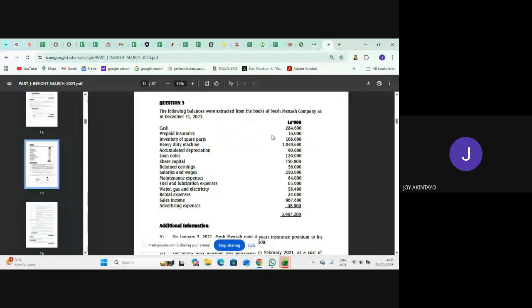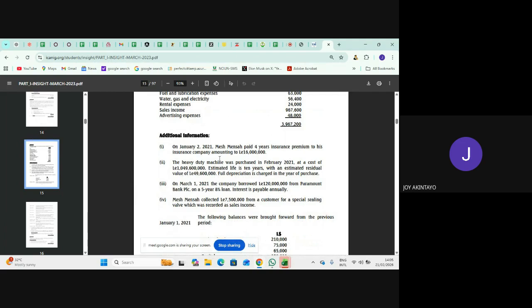We have cash, prepaid insurance, inventory of spare parts, heavy duty machine, accumulated depreciation, loan notes, share capital, retained earnings, salaries and wages, maintenance expenses, fuel and lubrication expenses, water, gas and electricity, rental expenses, sales income, then advertising expenses. So now they gave us additional information.